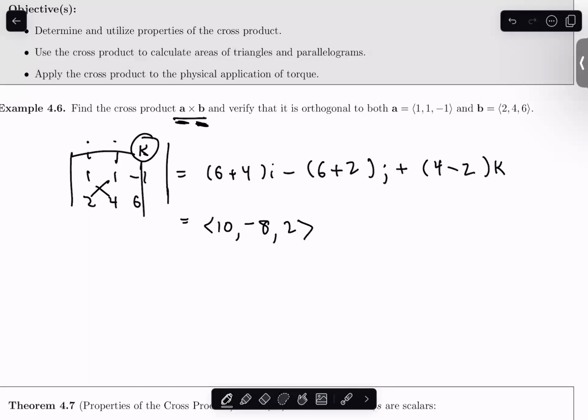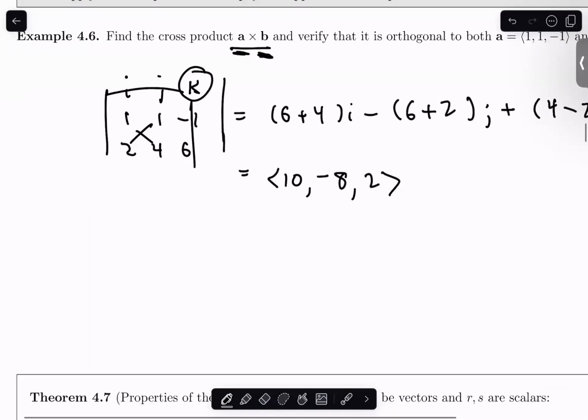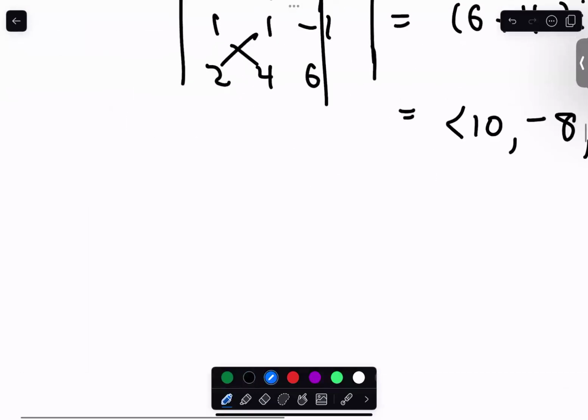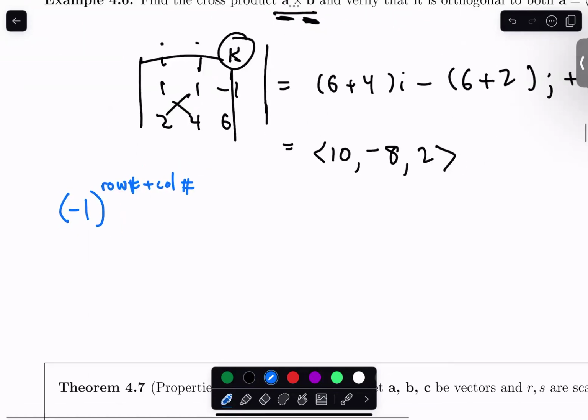Yeah, and as you go to higher level determinants, there really is a -1 raised to the row number plus the column number. So when you're doing the first row, first column, this would be -1 raised to the 1 + 1 or second power.